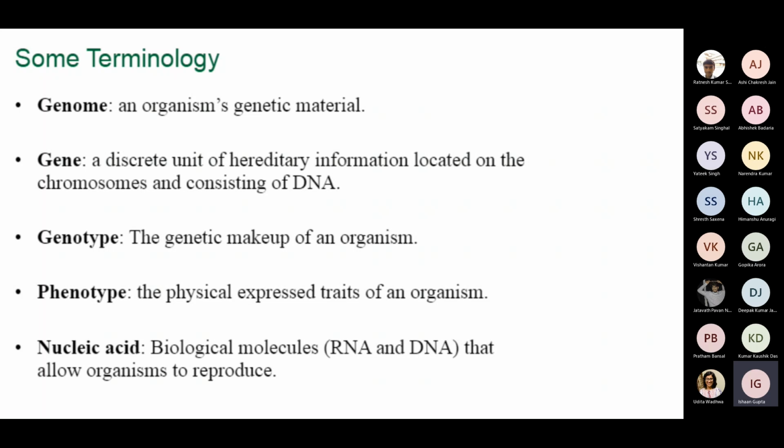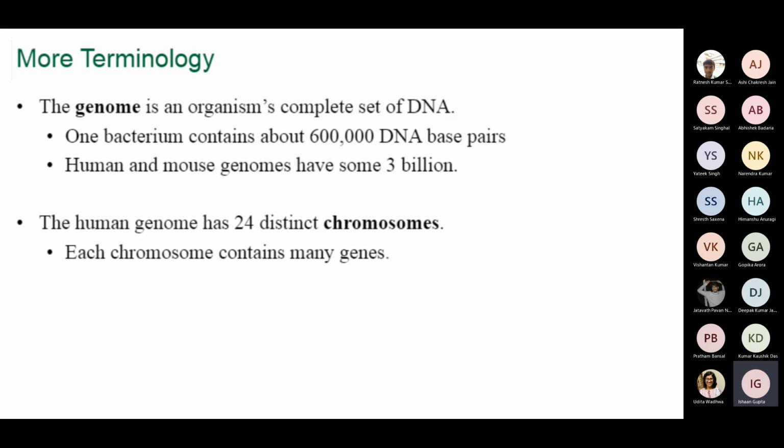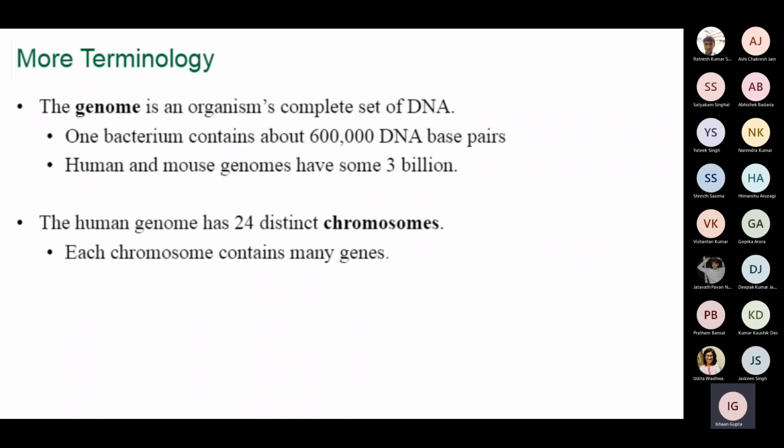Nucleic acids are the biological molecules, the monomers that make RNA and DNA, and that allow organisms to reproduce. A genome of an organism is again the complete set of DNA. One bacterium approximately contains half a million DNA base pairs. Human and mouse genomes are approximately 3 billion base pairs, right?